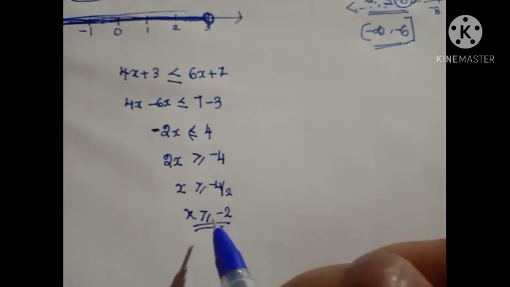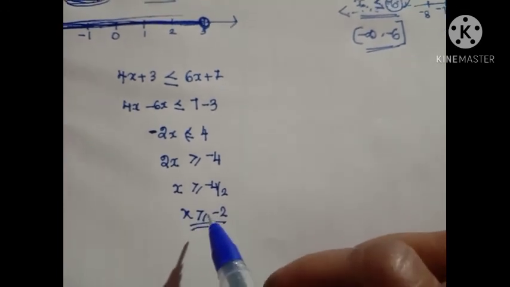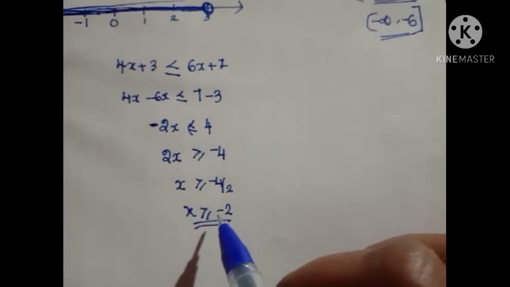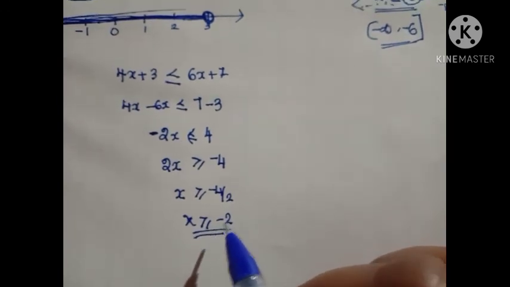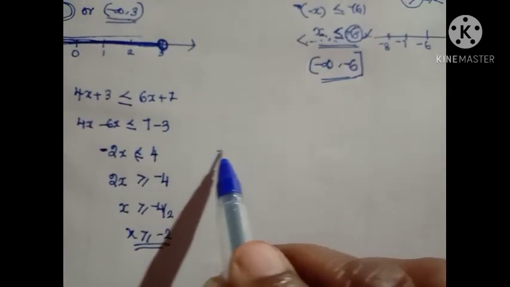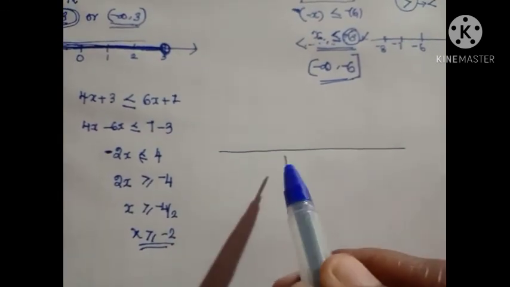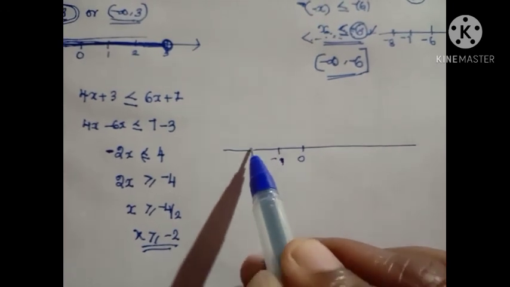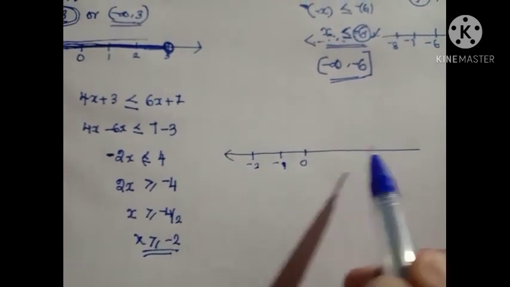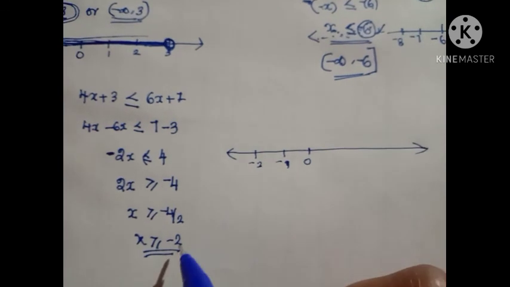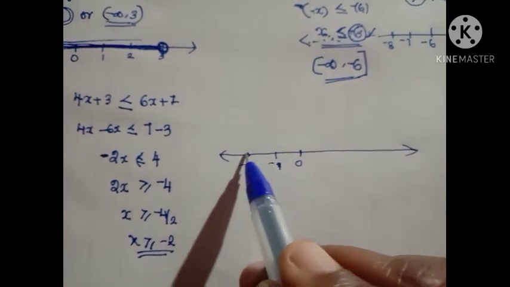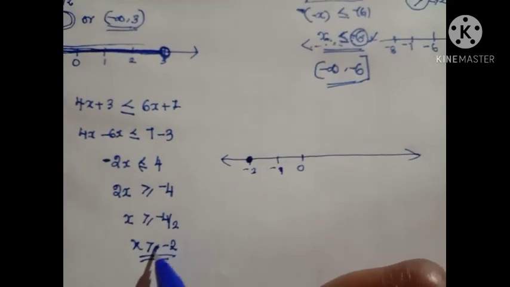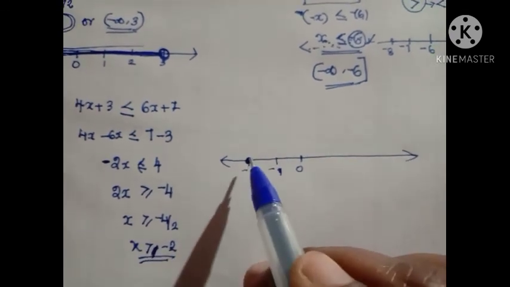So the solution is the set of all real numbers greater than or equal to minus 2. We can draw its graph: 0, minus 1, minus 2. So the minimum value is minus 2, and it is greater than or equal to, so we can consider this minus 2.